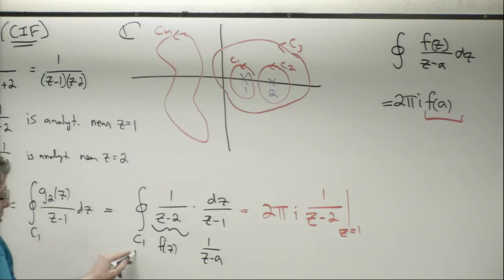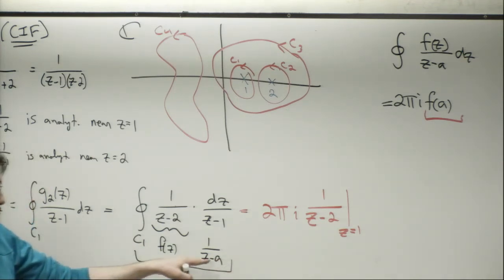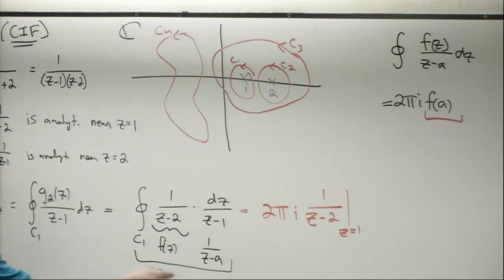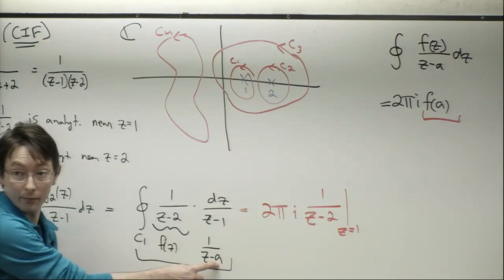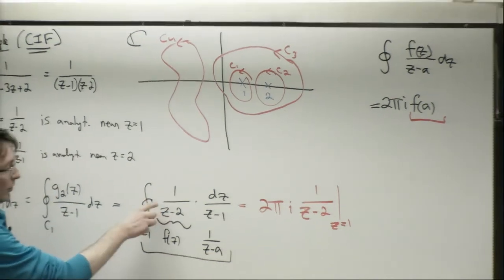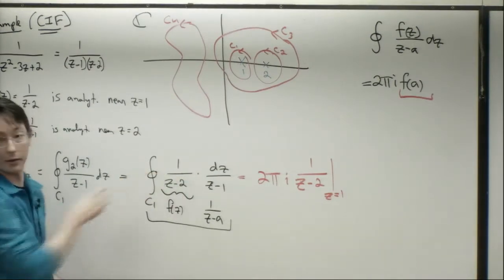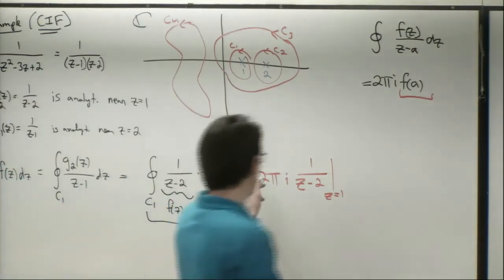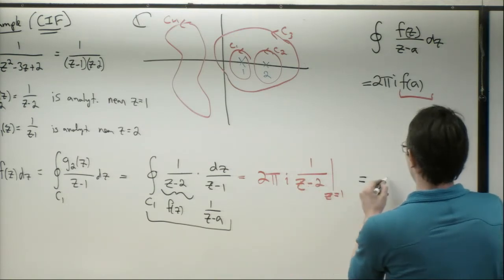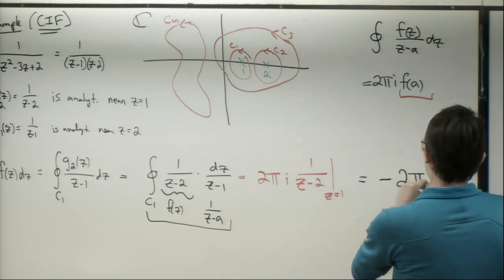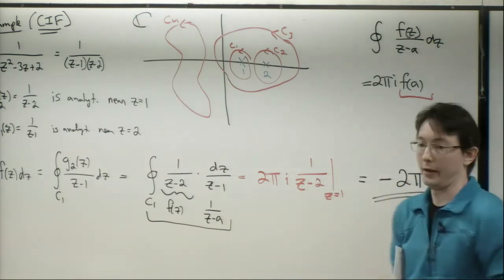And so the solution to this integral using Cauchy integral formula is 2 pi i times this function f evaluated at this pole a, which is 1 over 1 minus 2. So we get 2 pi i times 1 over 1 minus 2, which is just minus 2 pi i.